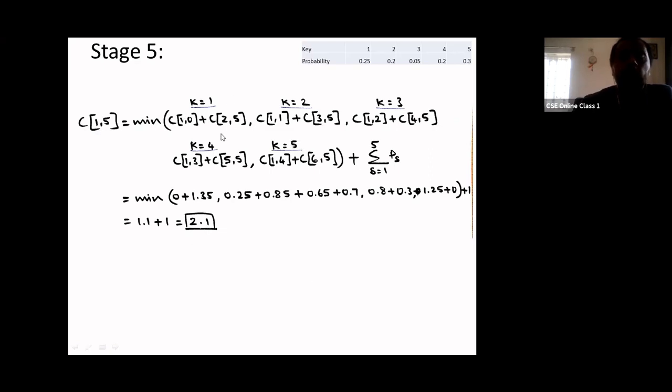In each of these, we are taking, for example, 2 to 5, which we have already calculated; 3 to 5, already calculated; 4 to 5, already calculated. So the calculated values we are taking to find the final value. Every time after the first stage onwards, we'll be taking assistance from already calculated sub-problem values.